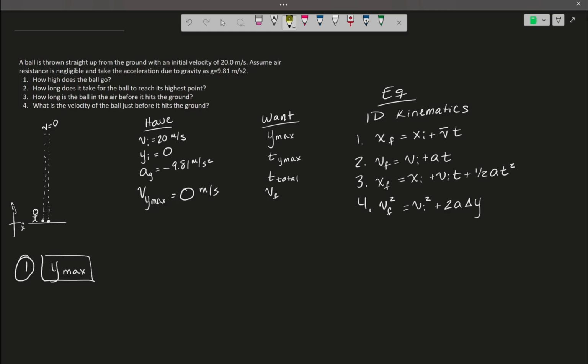In order for this ball to turn around and start to head back down towards the earth, at its maximum height, the velocity has to be 0. That's because I have a positive velocity as it is moving upwards, and I have a negative velocity as the ball is moving downwards, meaning that at some point in time, this ball has to change direction.